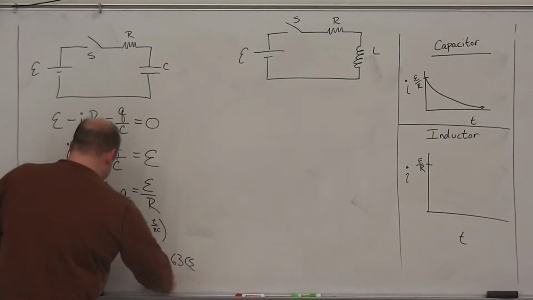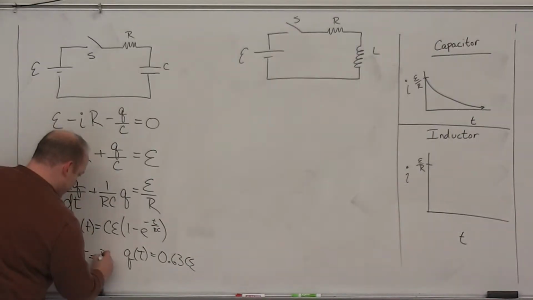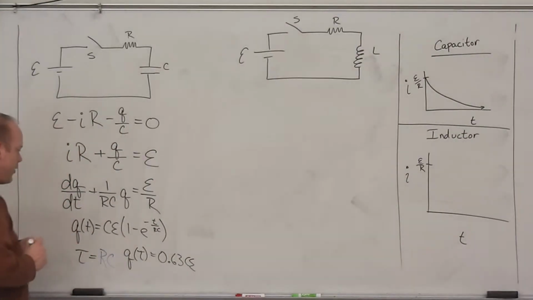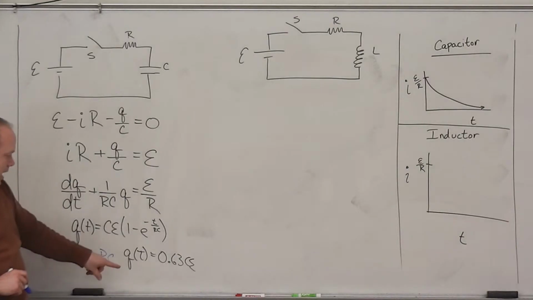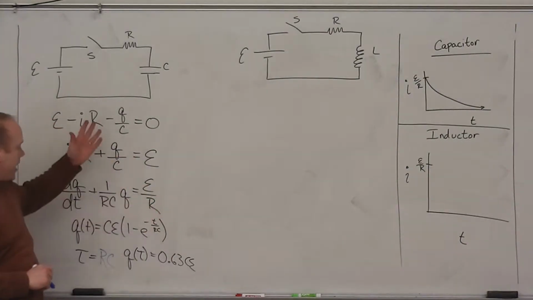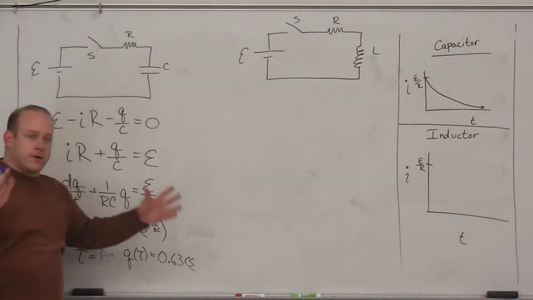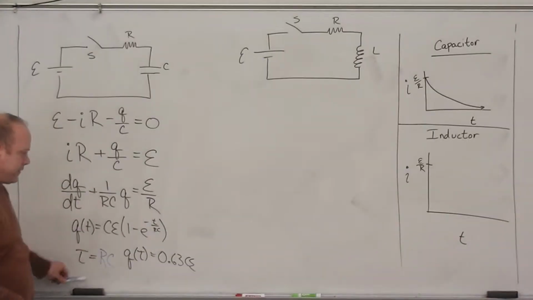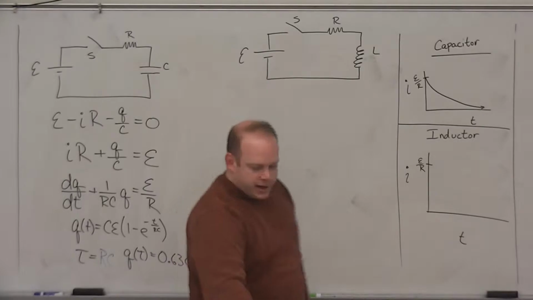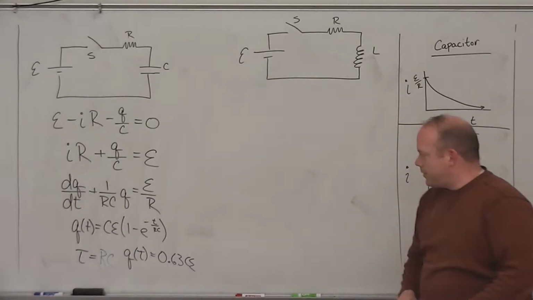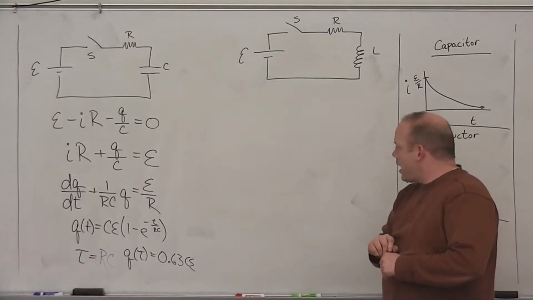I don't know why I wrote that. Tau, the time constant, is equal to RC. So when you've gone through one time constant, the charge on your capacitor is equal to 0.63 of CE, which is what it will be after a very long period of time. So tau is equal to RC. I'm going to leave that in blue to show my shame because I wrote 1 over RC.